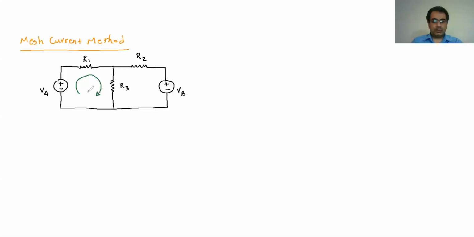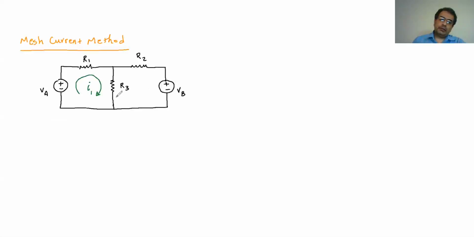So it goes clockwise and the magnitude of that is I1. Assume that this part is not there. So I have only this loop, and I assume the current goes from the VA to R1 to R3, back to VA is I1, and in this direction.